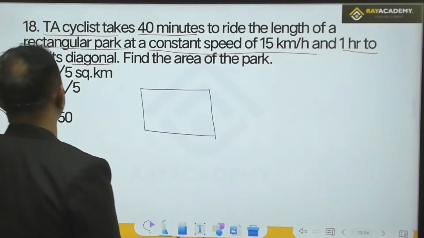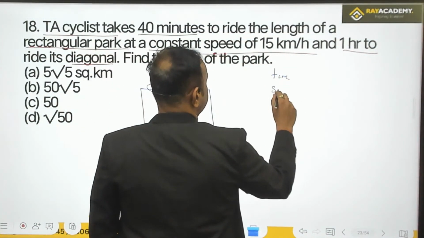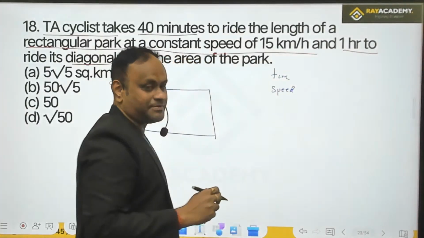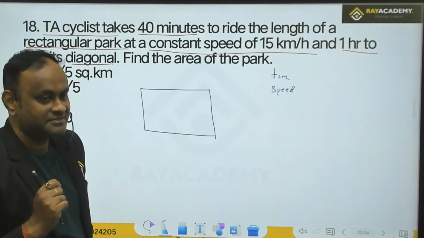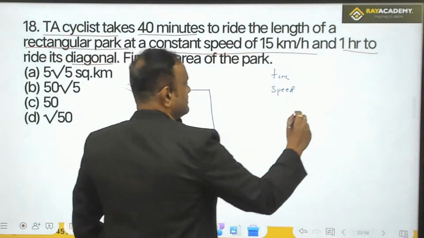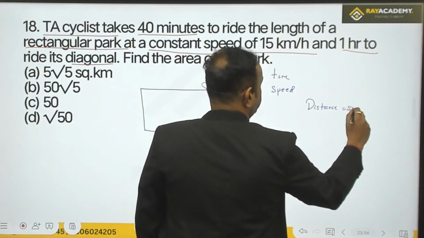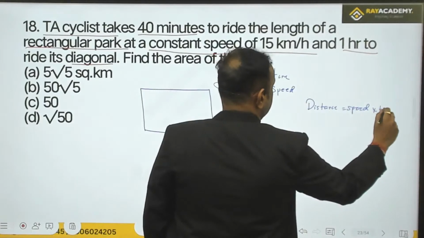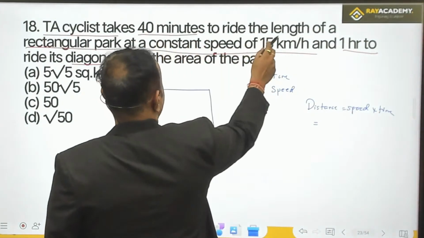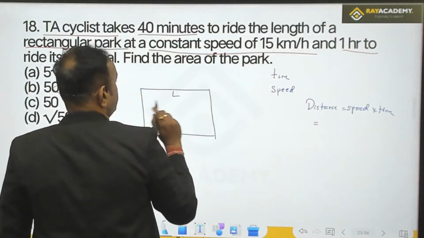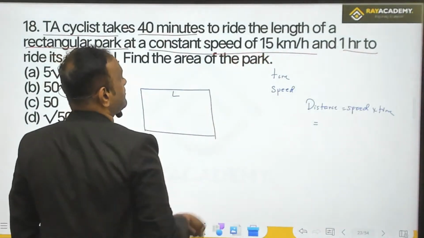So one given is time and another is speed. So the physics concept is also used. Speed and time is given. How to find out the distance? So distance is speed into time. You know that. Suppose it takes 40 minutes to ride the length with a speed of 15 km per hour.